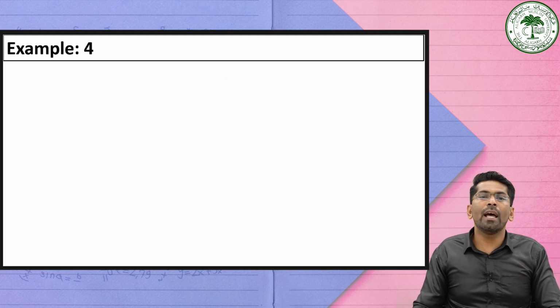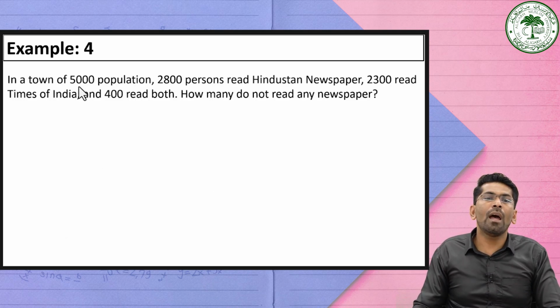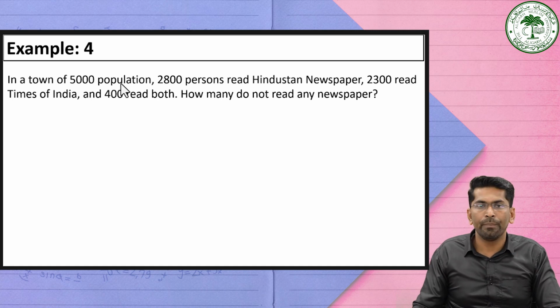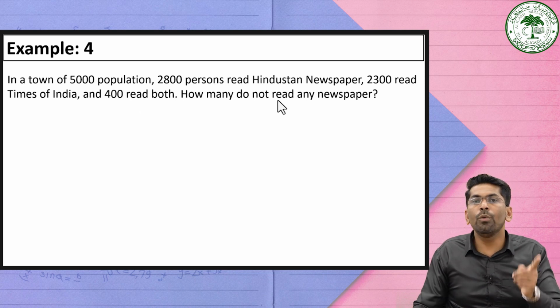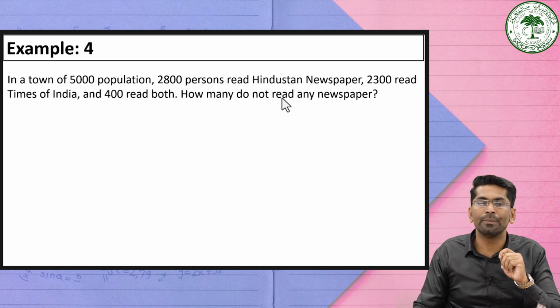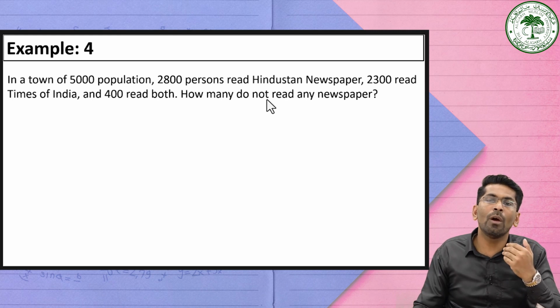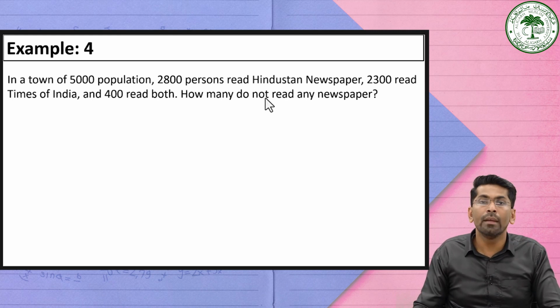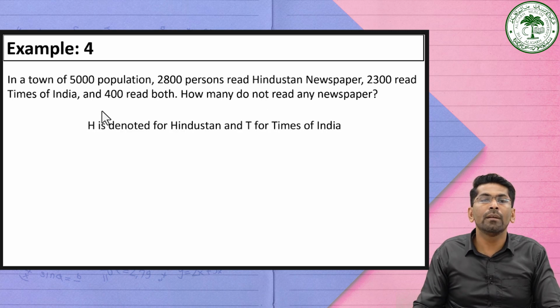Now we are going to consider another example. In a town of 5,000 people, 2,800 people read the Hindustan newspaper, 2,300 read Times of India, and 400 read both. How many do not read any newspaper? First we are going to write down the information given in this question.